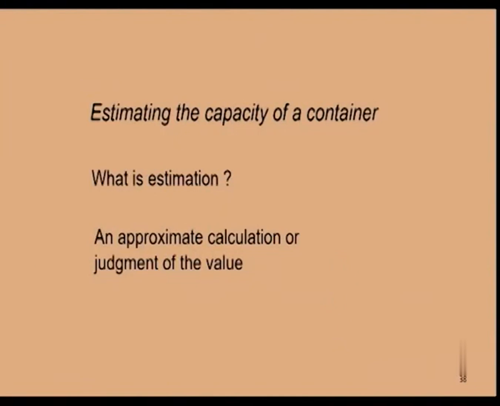What is estimation? Estimation means an approximate calculation or judgment of the value. You have to do a small calculation for your judgment. That is estimation. Okay, let's discuss this from a small example.